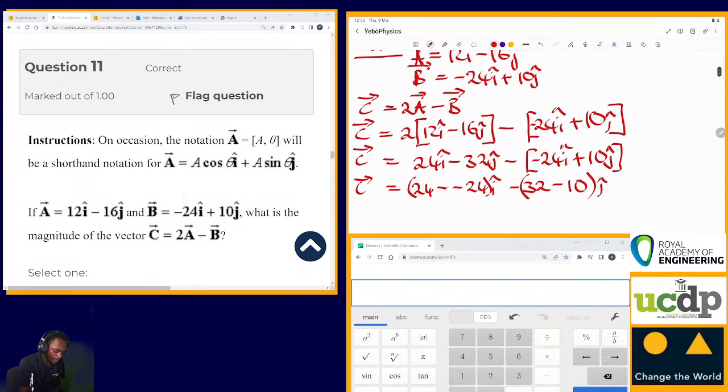All right, so that will give us 48 in the i. 32 minus 10, what will that give us?